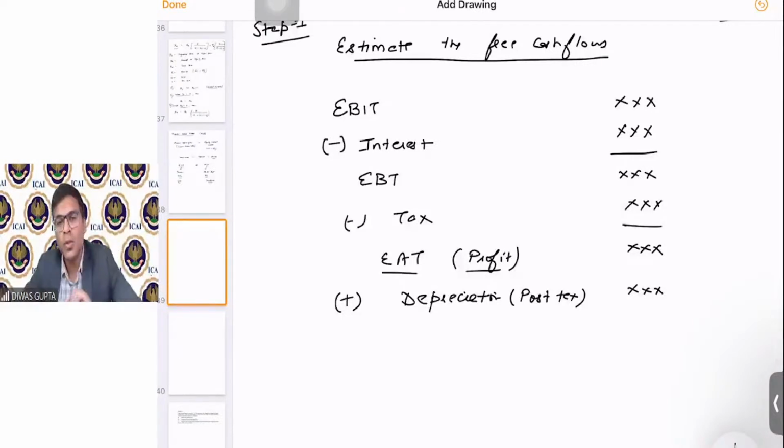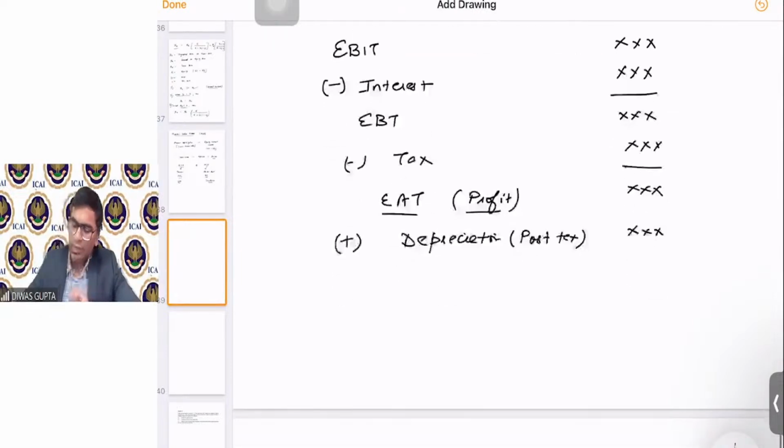So depreciation also will get added post-tax. Or what we can do is in EBIT, we can add tax. In EBIT, we can add depreciation and then arrive at the tax. Okay. So depreciation is non-cash item and hence we are adding it back.